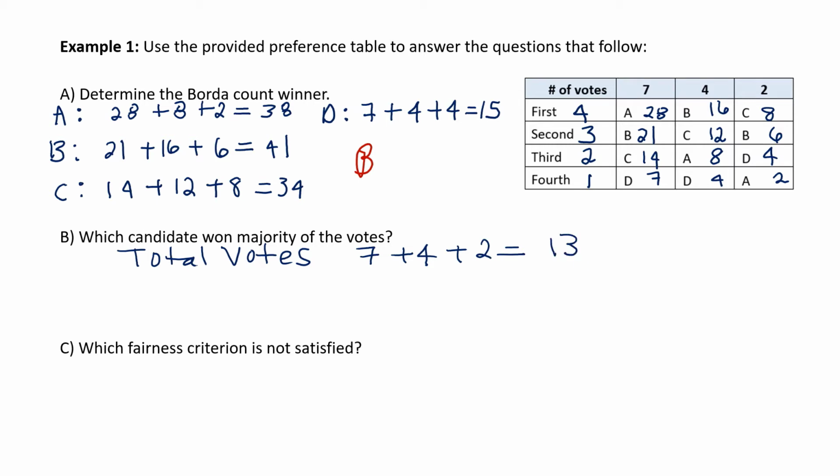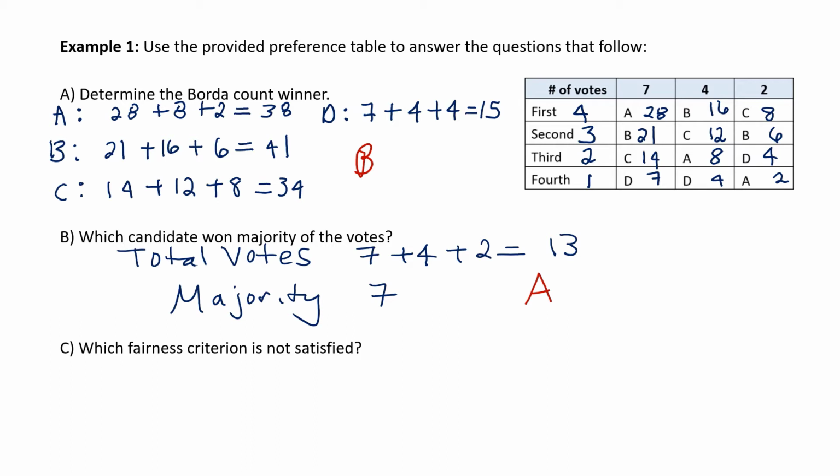Majority is more than 50%. Half of 13 is 6.5. You really can't split a vote in half. So majority number is 7. And according to the preference table, candidate A won the majority of the votes.